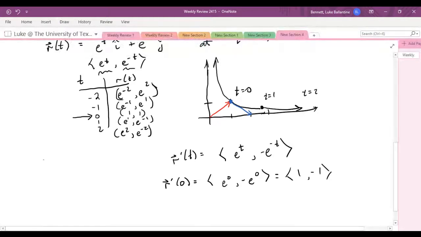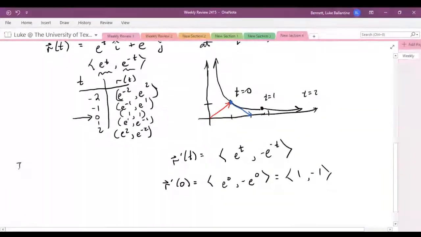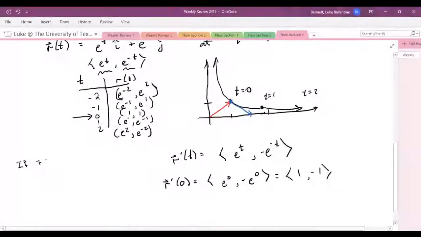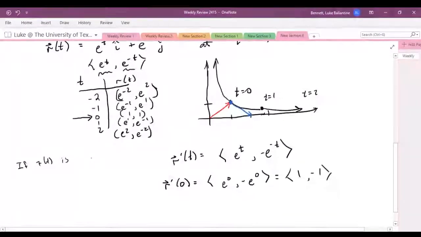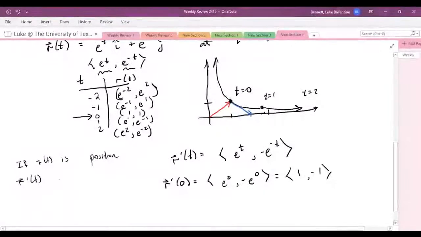So what we just found, if r of t is position, what is r prime of t? Does anybody know?